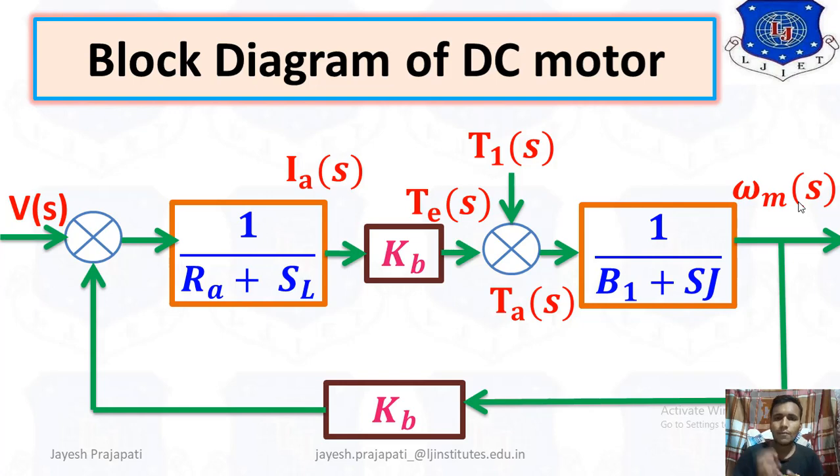The block diagram of the DC motor comes from the modeling of the DC motor, and by using transfer functions and electromechanical modeling, we draw it. This block diagram is also used in MATLAB, and we also do some practicals related to these motors. So that is the actual block diagram of the DC motor.